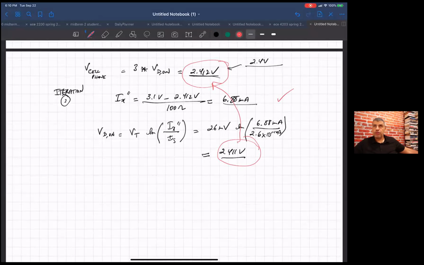If the adapter voltage changes by 100 millivolts, your cell phone voltage changes. It went from 2.4 volts to something like 2.412, so your cell phone voltage changes by about 11 or 12 millivolts. So let's say delta V out is 11 millivolts.